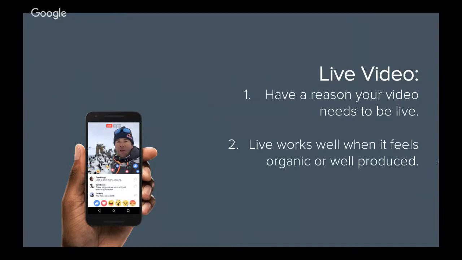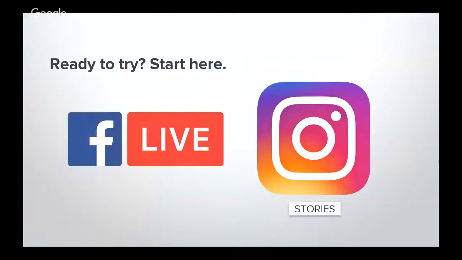Another thing that I would consider with live is, live works best when it feels either organic or pre-produced. So we talked about feeling authentic. That's really important. With live content, you can also make it really well produced. So go ahead and think about what would work best for you and your brand.